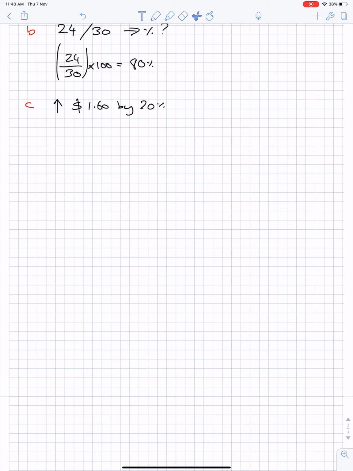For example, you could go 0.2 times $1.60, which equals 0.32 or 32 cents, and then you go 0.32 plus $1.60, which equals $1.92, right?